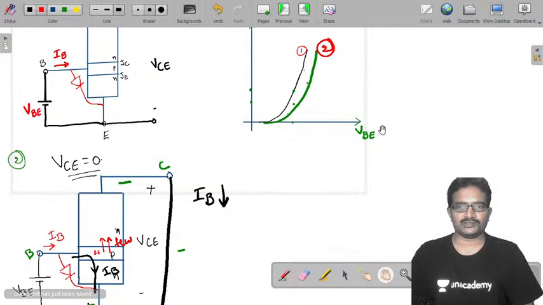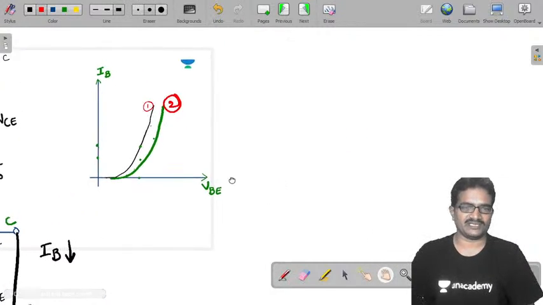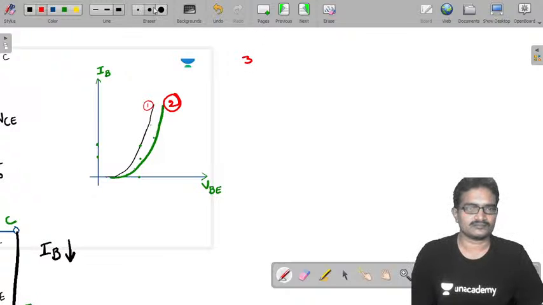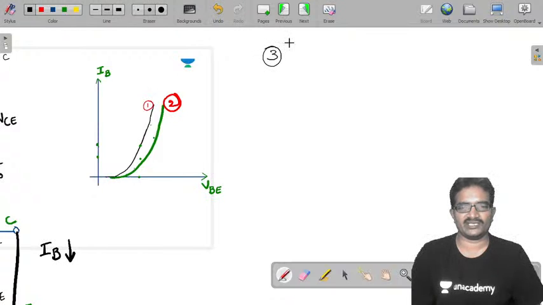Now I am going to take the third condition. That means I am taking now VCE greater than 0. Third step. Third one, VCE greater than 0.